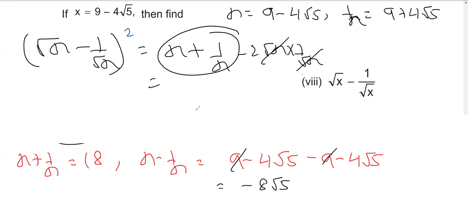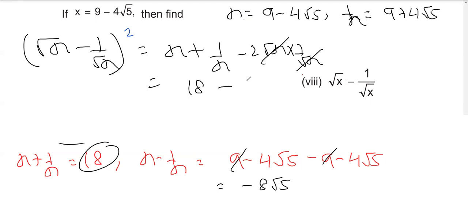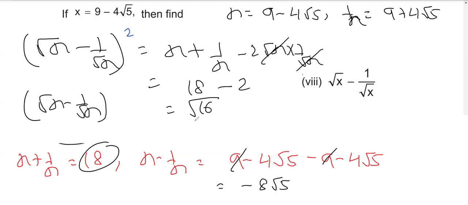Since we know the value of x plus 1 by x, we can replace this whole thing with 18 minus 2, which is 16. Now what you need to keep in mind is that we have to get the value of root x minus 1 by root x, not its square. So if I transpose the square to the other side, it becomes plus minus under root 16. So plus minus 4 will be the answer for this one. Same way you can do the other parts. Is it clear?